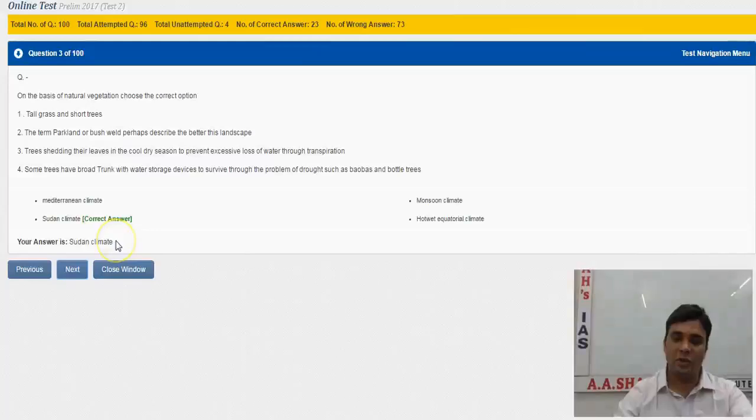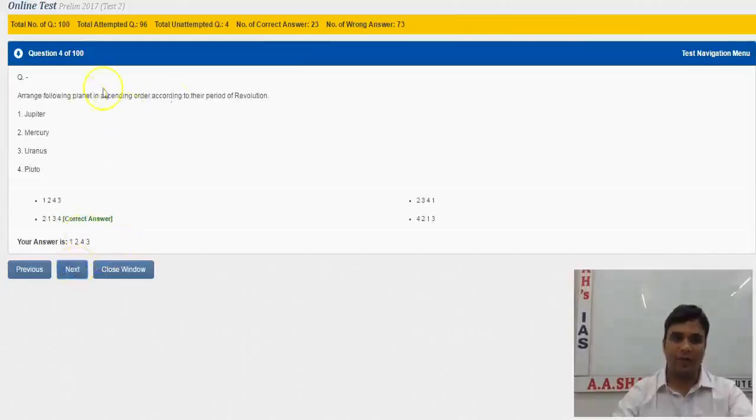If not, then visit your NCERTs and visit your coaching material again so that you get a better understanding of the topic. Now then, there are some questions regarding the planets and their ascending order and their period of revolution. See, in these kinds of questions, you just have to mug up some facts and have a mental image of how the planets are positioned.